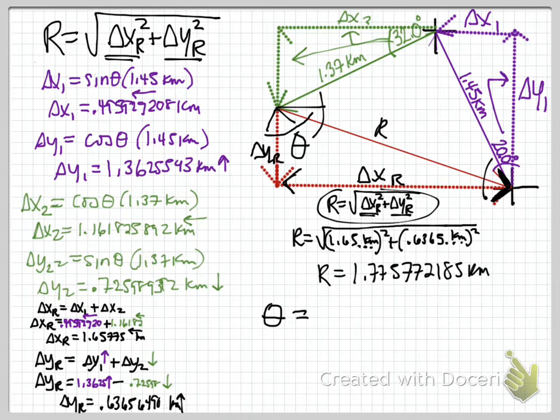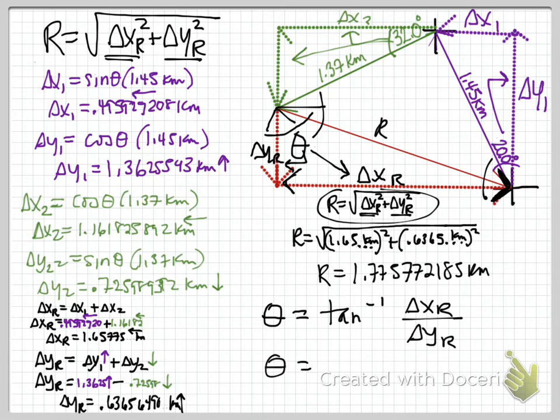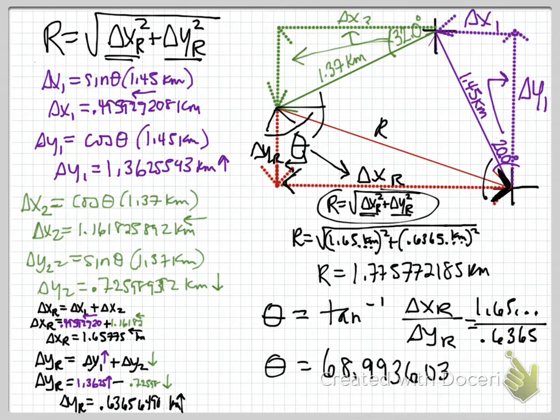So for our purposes here, theta would be equal to the inverse tangent of its opposite over its adjacent, which would be tan minus 1 of delta x resultant divided by delta y resultant. That gives us an angle of 68.993603, etc. degrees. Now the big question is, what's our heading?